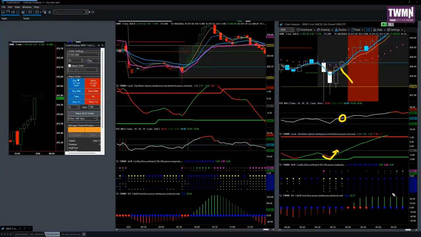Here's the rules, folks. Yes. Is it green? Yes. Is the RSI above 50? Yes. Reversal, confirmation, moving average cross. Yes, yes, yes. What about the dots? Not yet. Right here is when they go blue.